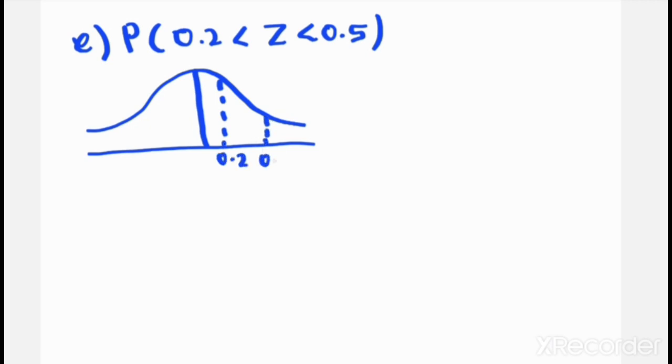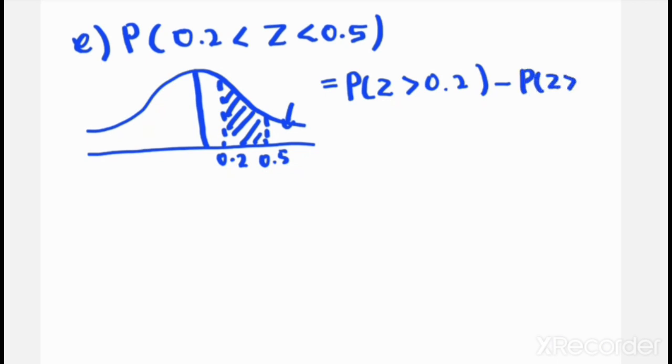We only estimate the numbers at the positive part, and the area is around here, which is equivalent to the probability. So we take P(Z > 0.2), all this area, minus the area in front of 0.5, so P(Z > 0.5).